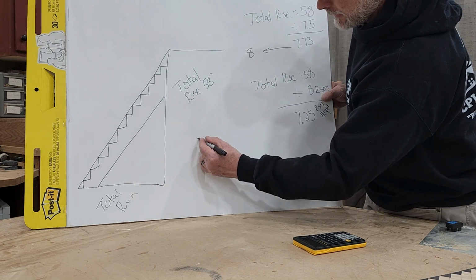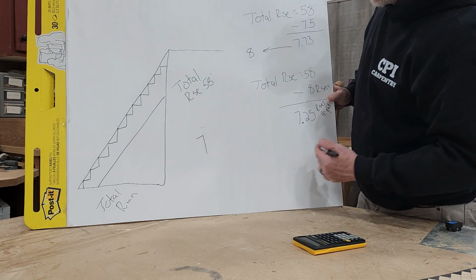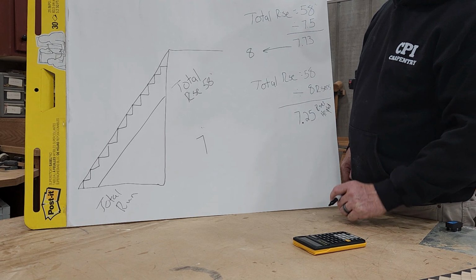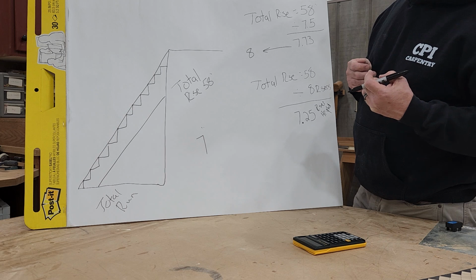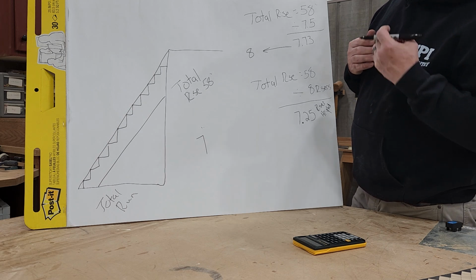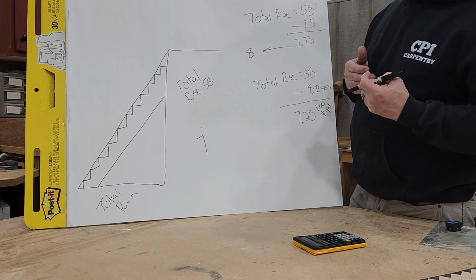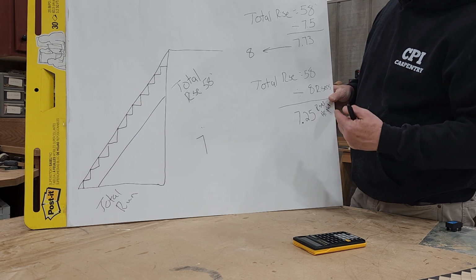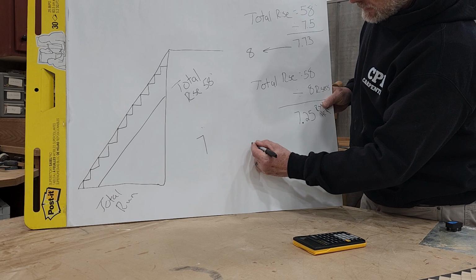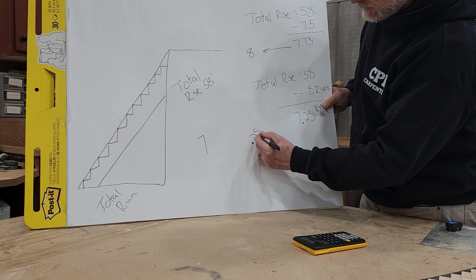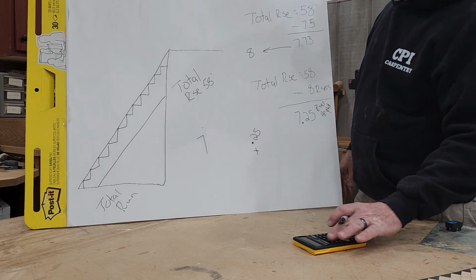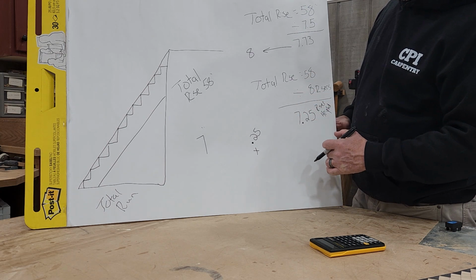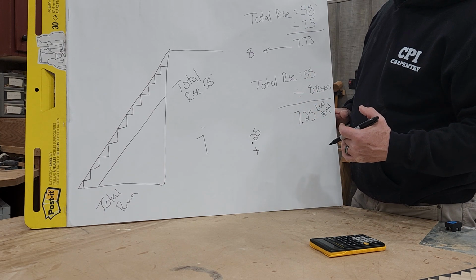So I know my riser is 7 inches plus 0.25, but if you get a decimal, you cannot physically measure that on your tape measure or on your framing square. So we need to convert the decimal into a measurable amount. We take our decimal, 0.25, and I know the smallest amount I can look at on my tape measure in inches is 1/16.